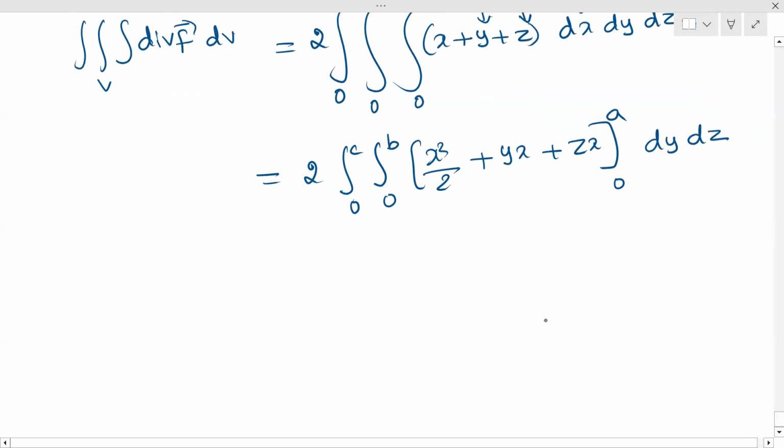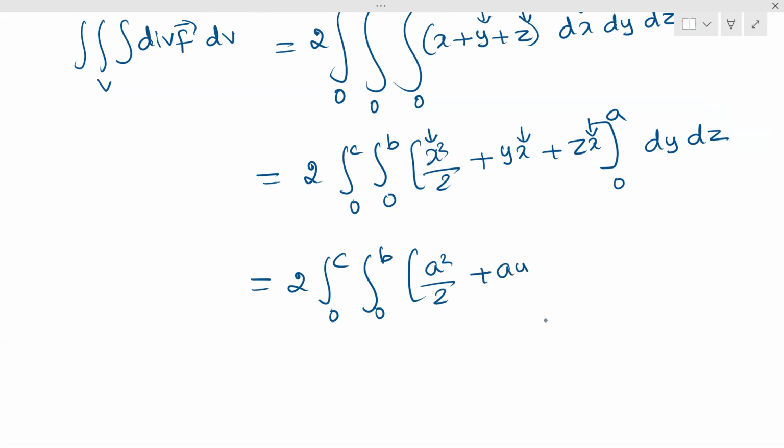Now applying the limit for x, we get 2 times integral 0 to c, 0 to b of a square by 2 plus ay plus az dy dz. So the inner integration is over.